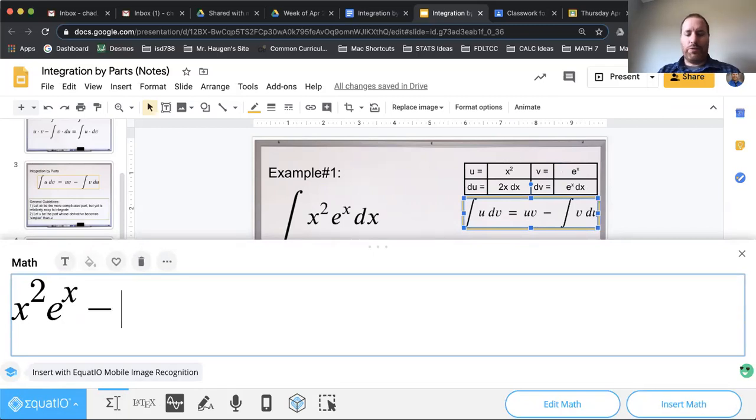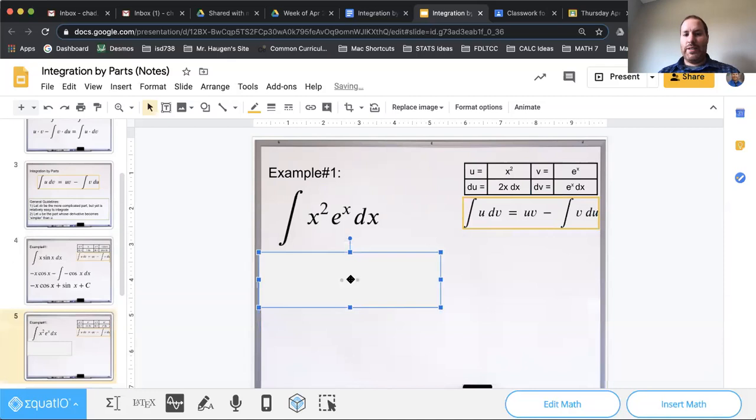And then we've got to subtract the integral of v, which is e to the x, times du, which is 2x dx. I'm always going to put the 2x in front just to format that and make it look nice. So that's step one. All right, we did that.